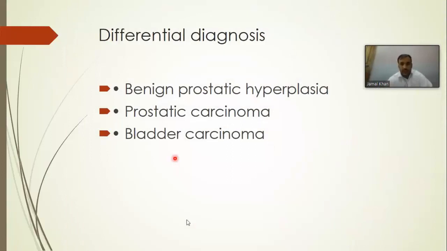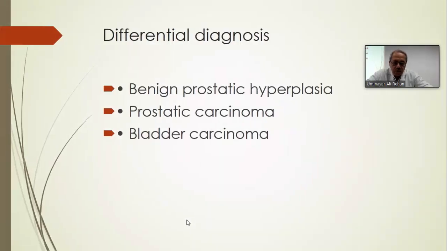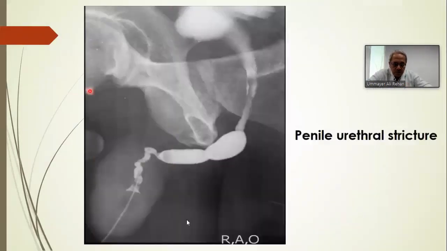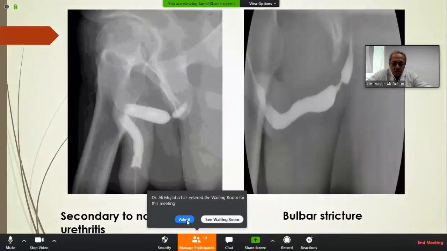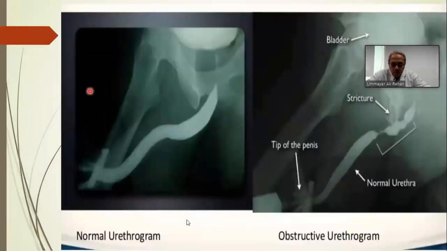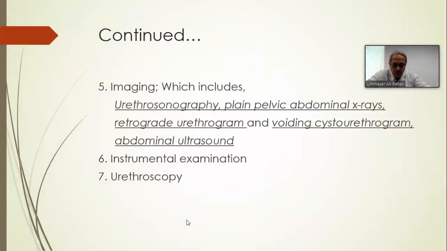The differential diagnosis: benign prostatic... Just a minute, Jamal. If you go back to the previous slide, yes. You see, there are many other ways of imaging and investigating a stricture disease. For instance, in the previous slide, you have mentioned some of the investigations: urethrogram, ultrasound.